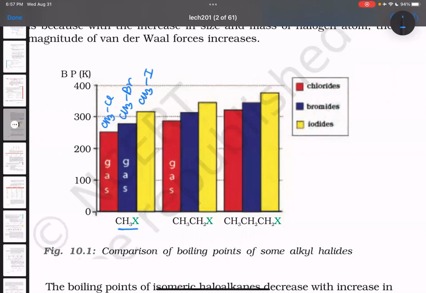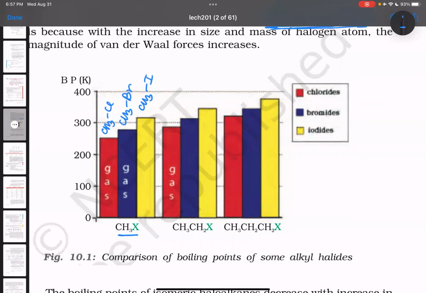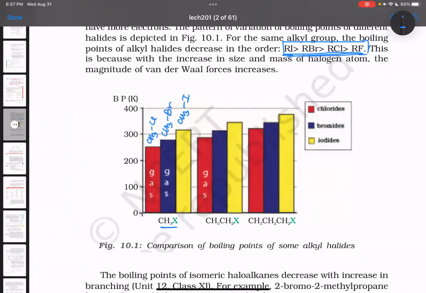So intermolecular forces are increasing, van der Waals forces are increasing, because of the increase in mass and size. Iodine can have more attraction with another CH3I molecule because iodine has more electrons. It is a bigger atom with large surface area. They are all polar.